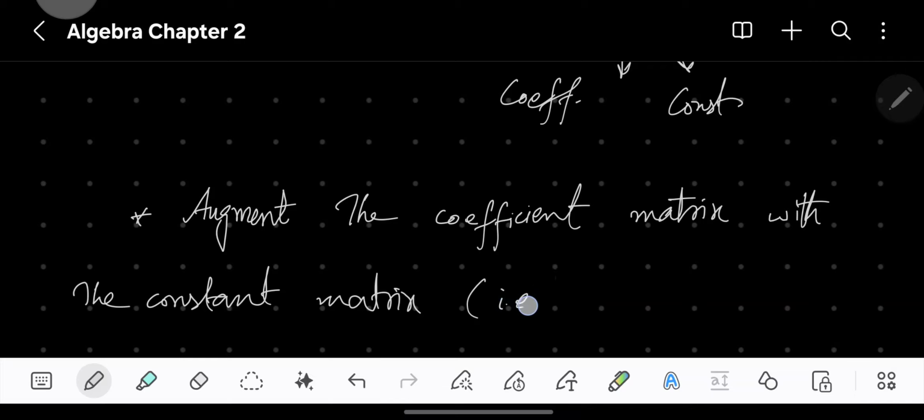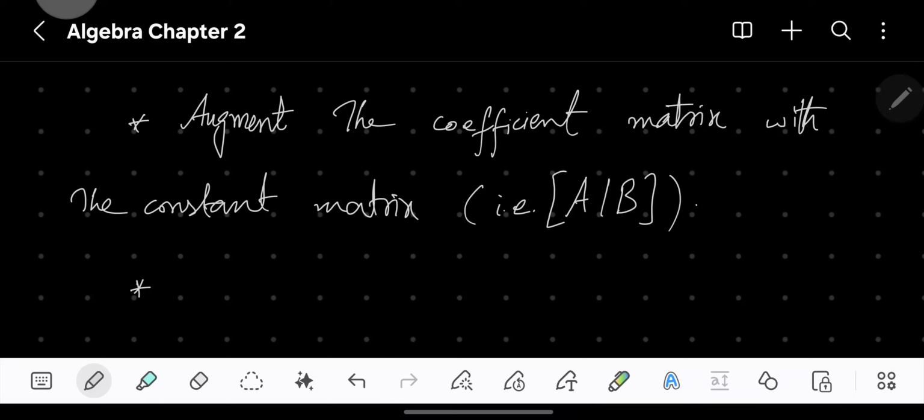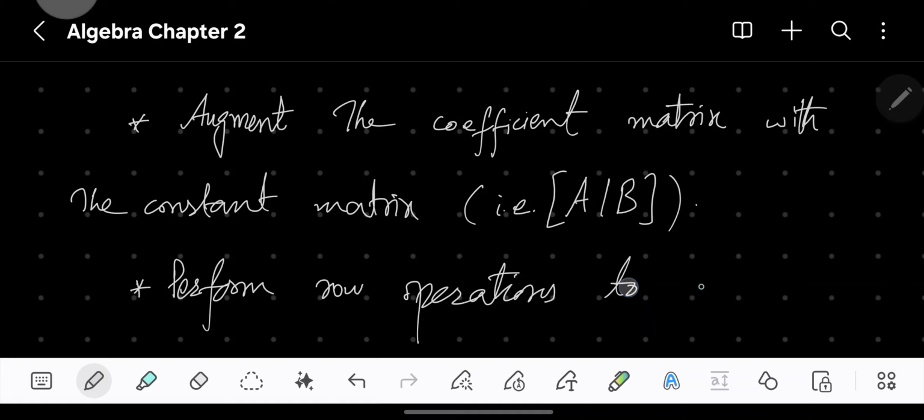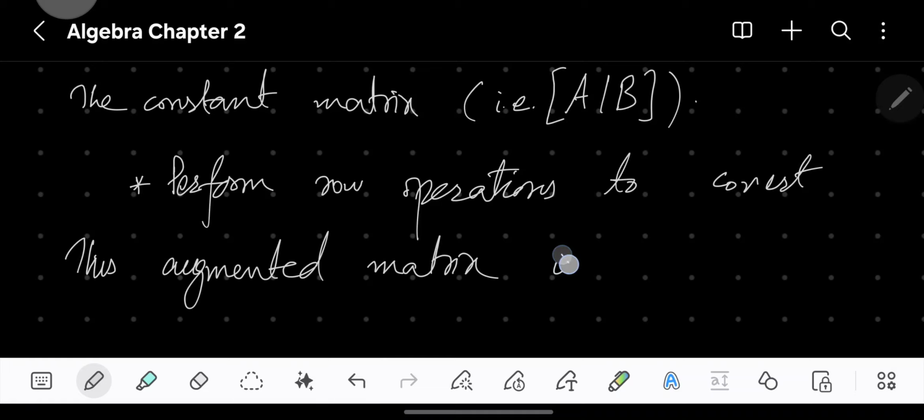That means in the standard form you have A augmented with B. The next step is to perform row operations to convert this bigger matrix, this augmented matrix, into row reduced echelon form.